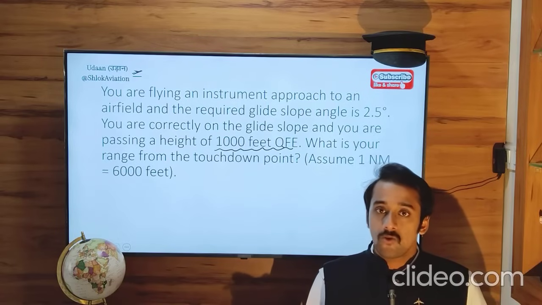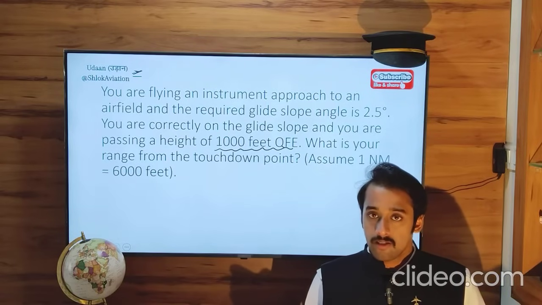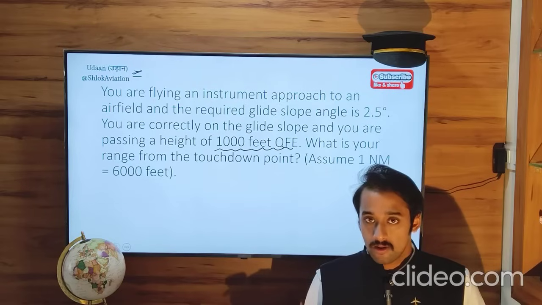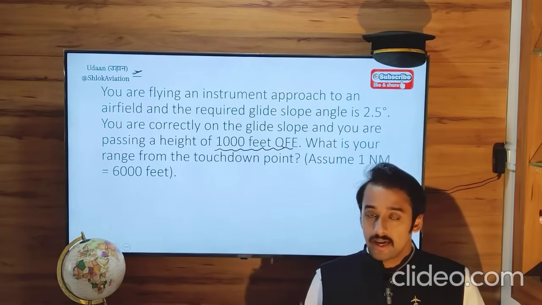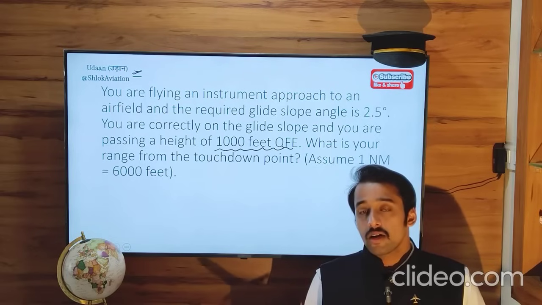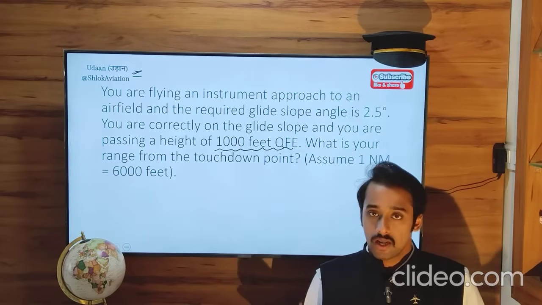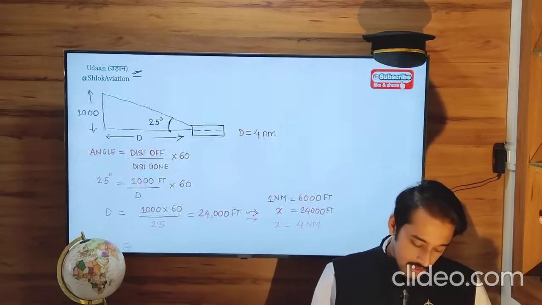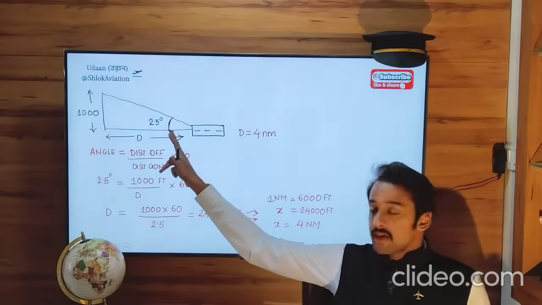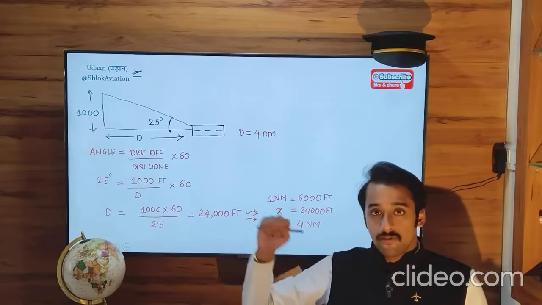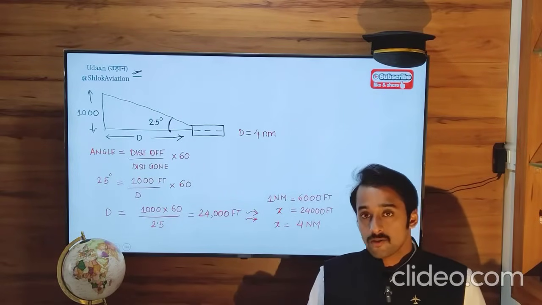In the previous question, you were given the distance from the runway and height was asked to be found out. And in this question, you have been given height and told to find out range or distance from the runway. The approach is the same. Draw the runway, glide angle 2.5 degree, height of aircraft is 1000 feet.